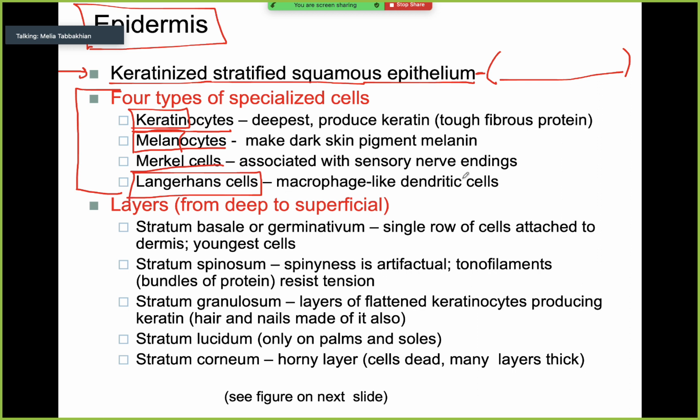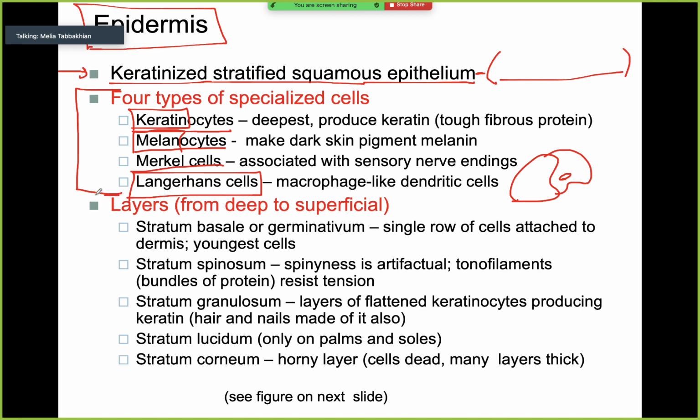Langerhans cells do something called phagocytosis, and that's like when immune cells open their mouth and they engulf, or they do phagocytosis of a bacteria. So they kind of engulf it and they eat it. So these 4 cell types are the 4 cells that are found in your non-keratinized stratified squamous epithelium.